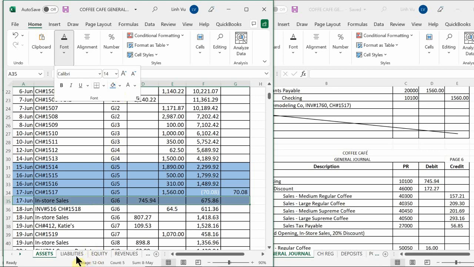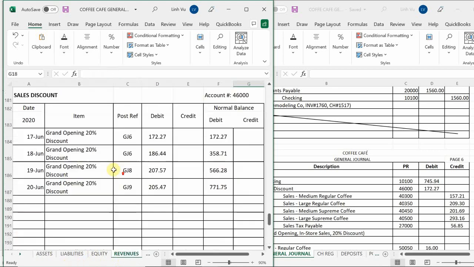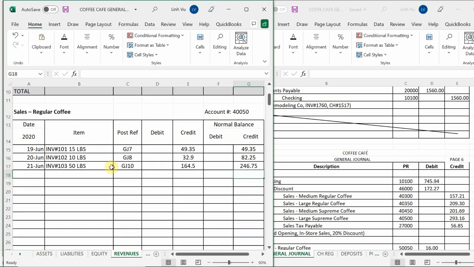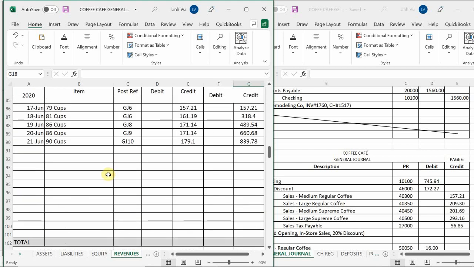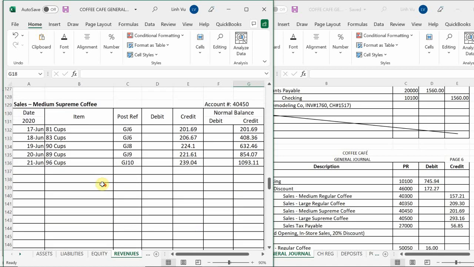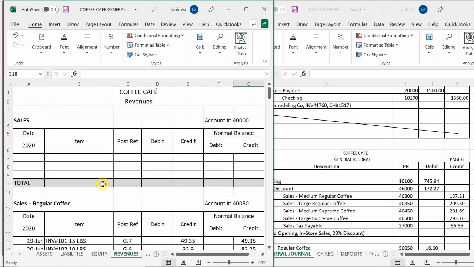We're going to go to our revenues for the discount first. Or in this case, I guess it doesn't have to be in order.